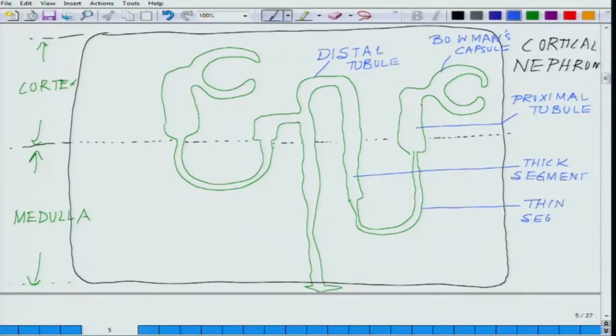There are significances for these different thin and thick segments. And this loop, the looping thing you see, is called the loop of Henle.